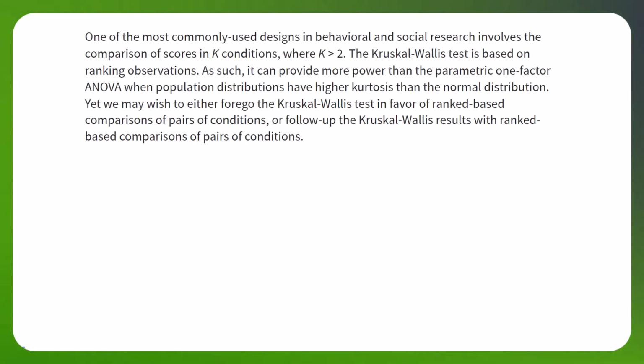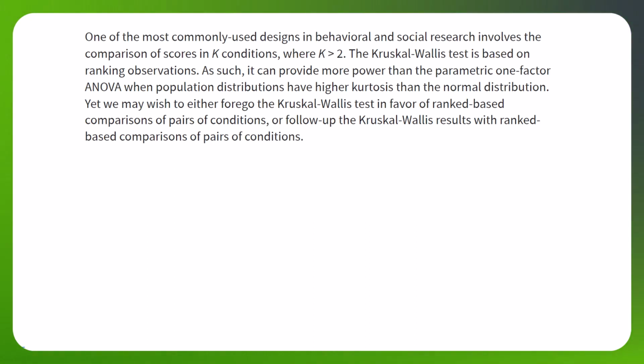One of the most commonly used designs in behavioral and social research involves the comparison of scores in K conditions, where K is greater than 2. The Kruskal-Wallis test is based on ranking observations. As such, it can provide more power than the parametric one-factor ANOVA when population distributions have higher kurtosis than the normal distribution.